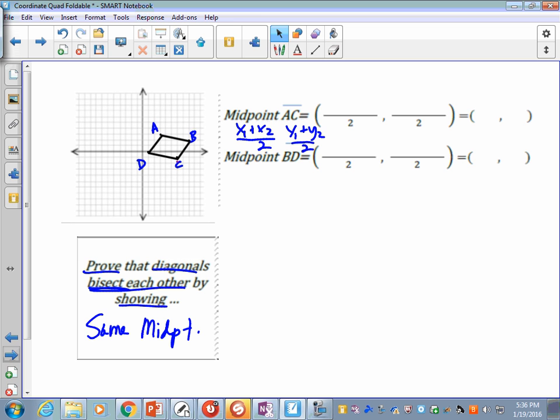Now, the next thing we can do is prove using the diagonals. The diagonals in a quadrilateral, especially of a parallelogram, have a special property. I'm going to start with diagonal AC and my diagonal DB. They are intersecting each other, and they are bisecting each other.